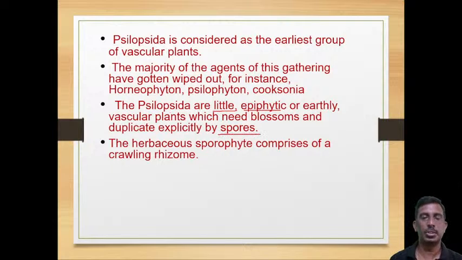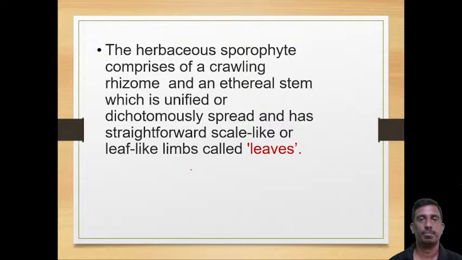They are herbaceous, and the sporophyte produces a crawling stem called rhizome, which shows dichotomous branching, on which there are small leaves.